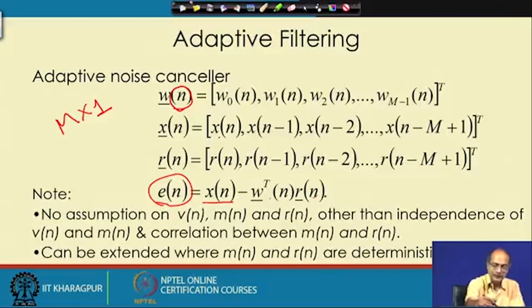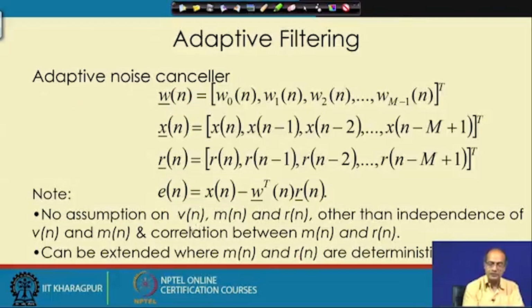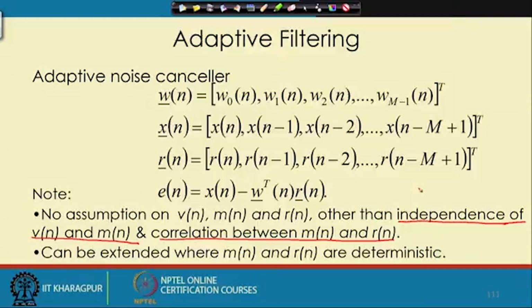And here a couple of things we should note: there are no assumptions on Vn, Mn and Rn other than independence of Vn and Mn and correlation between Mn and Rn. Actually, independence is a stronger condition. We can say just that they are uncorrelated, which is good enough to derive this theory.